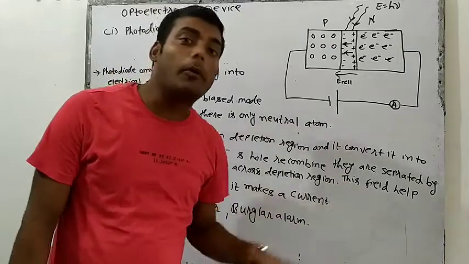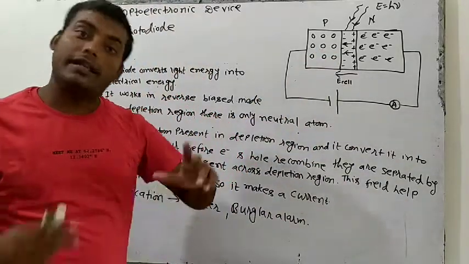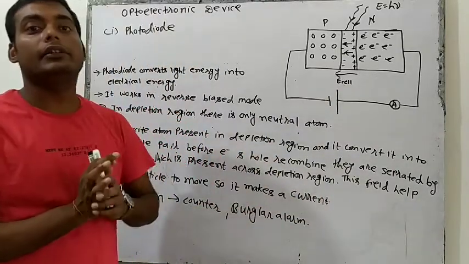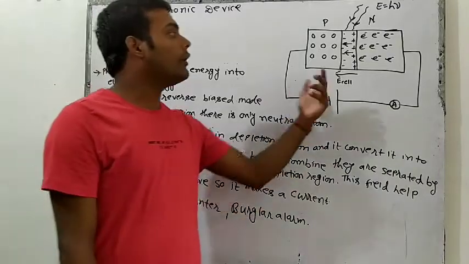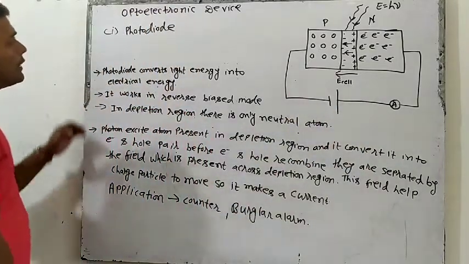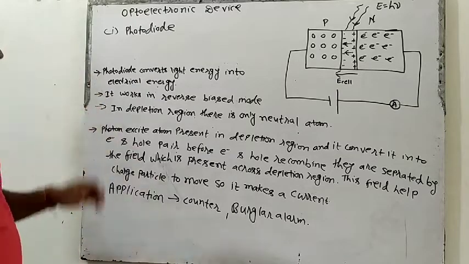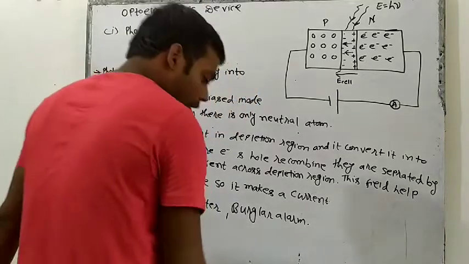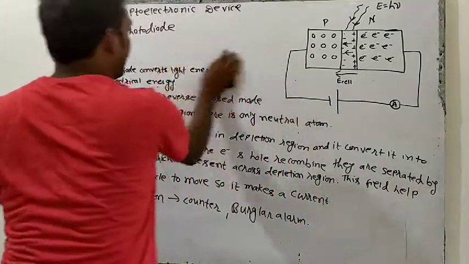We know that light is a form of energy, and electricity is also a form of energy, and we can convert one energy into another energy. So the first point is photodiode converts light energy into electrical energy.